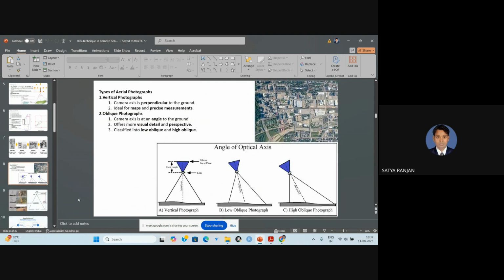Then the angle of the optical axis. There are vertical photographs of satellite images, then low oblique photographs of different aerial photographs, then high oblique. Based on the angle of incidence of the sensor, different photographs are created.